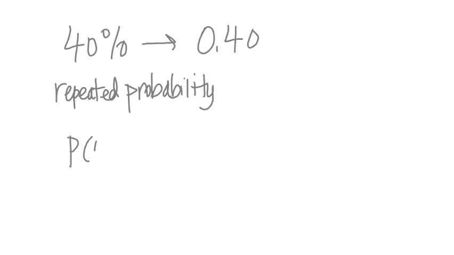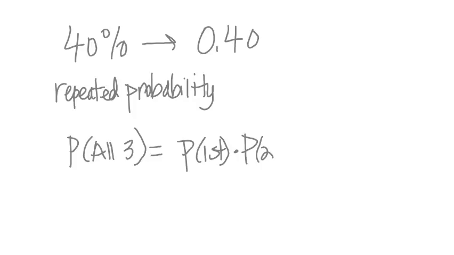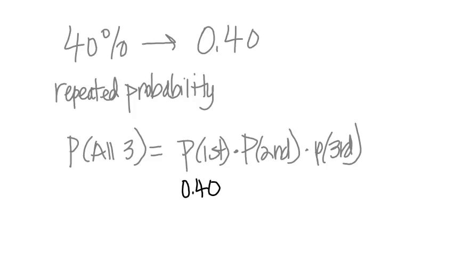So the probability that all 3 people are stressed out is the probability of picking the first person times the probability of picking the second person times the probability of picking the third person. And I said each person has the same exact chance. So the first person has a 40% chance. The second person also has a 40% chance of getting picked. And the third person has a 40% chance of getting picked.